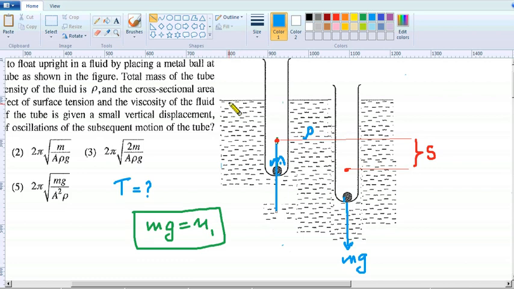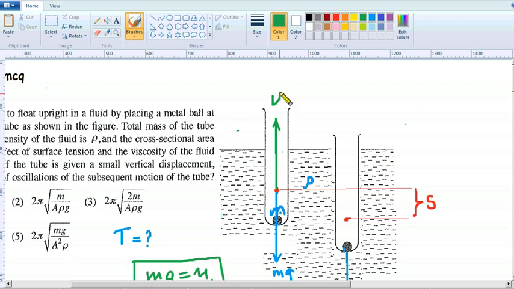So this mg must be acting on this point like this, because earlier I had not marked the center of gravity points. So this must be equal to this length, the lengths are equal. So this one is u1.